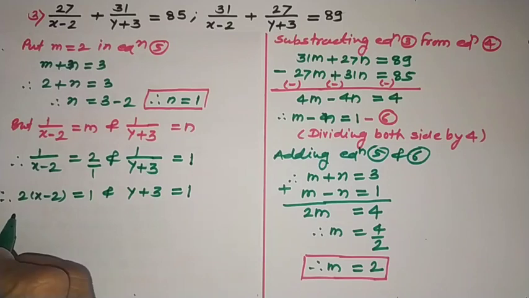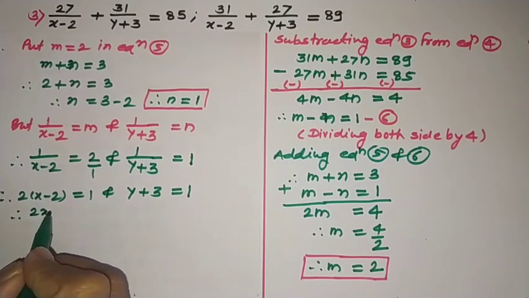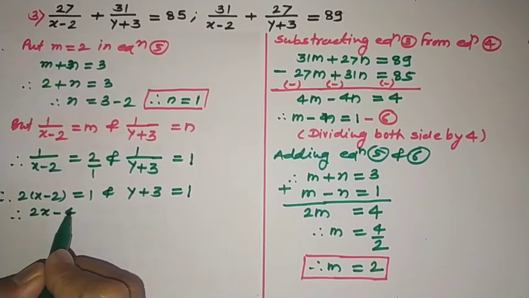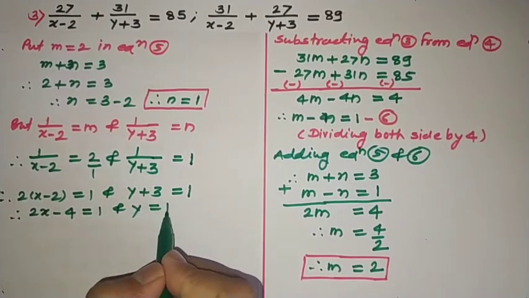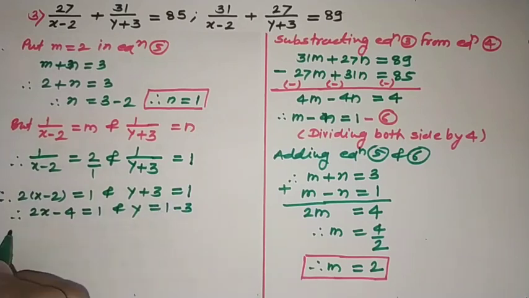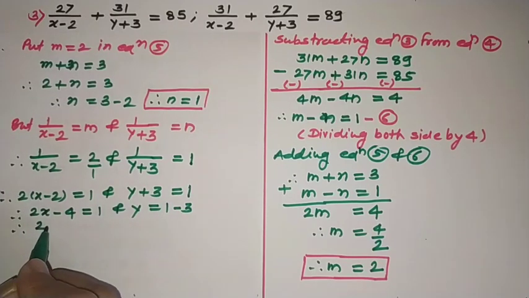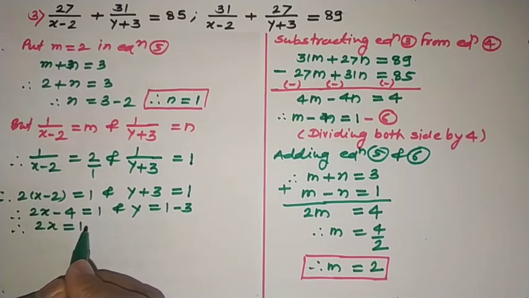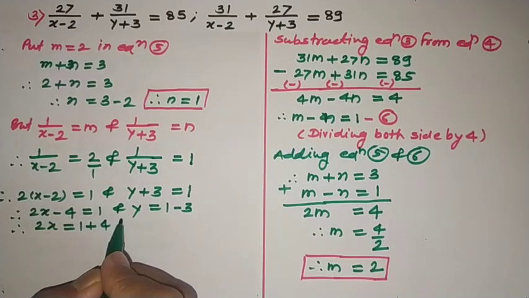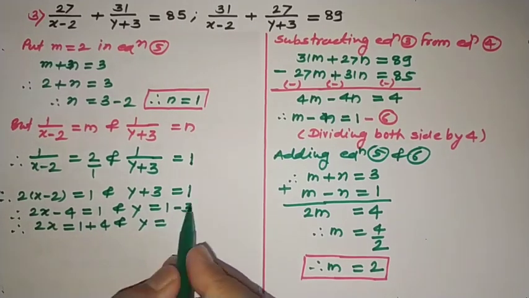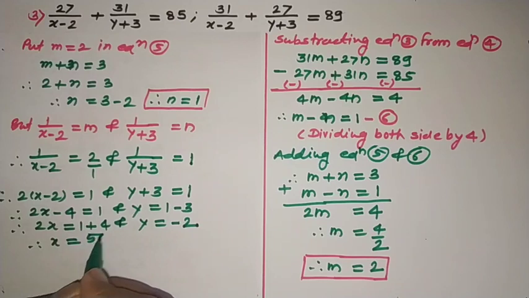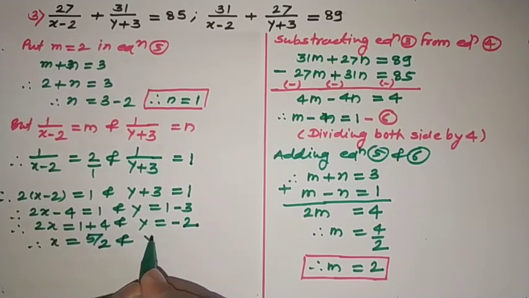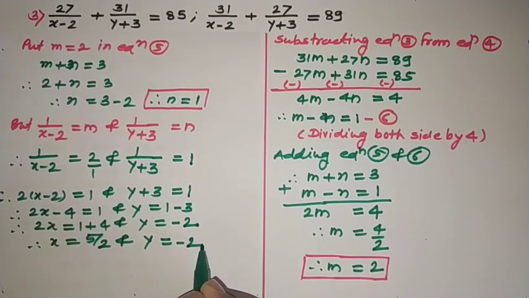Here 2 into x, 2x minus 4 is equal to 1, and y is equal to 1 minus 3. Therefore 2x is equal to 1 plus 4, and y is equal to 1 minus 3 is minus 2, and here the value of x is equal to 5 upon 2, and the value of y is equal to minus 2.